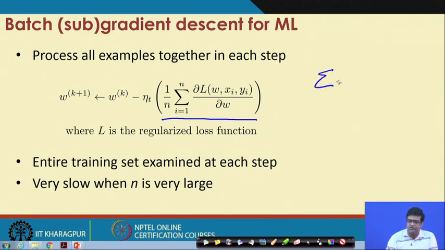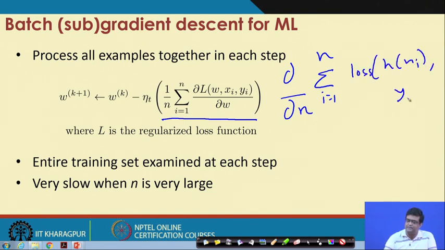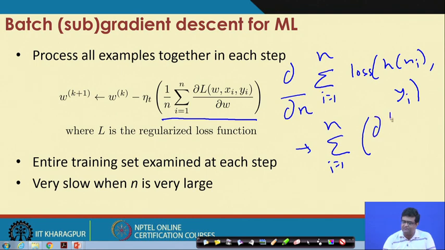So, if we were to differentiate with respect to w the sum over i equal to 1 to n of loss of h of xi comma yi, this is the same as just taking the sum over i equal to 1 to n of the derivative of loss of h of xi comma yi.